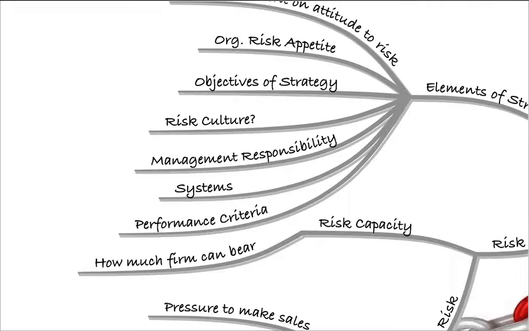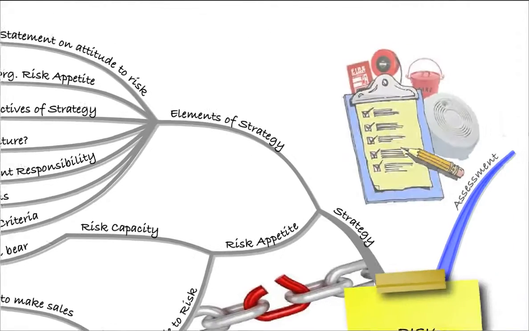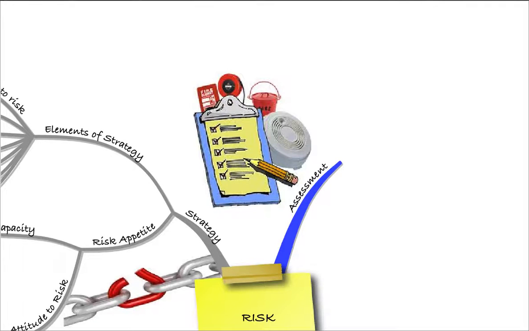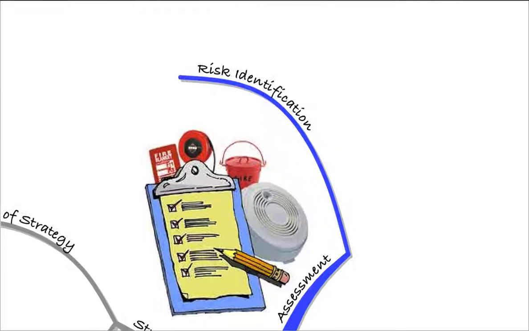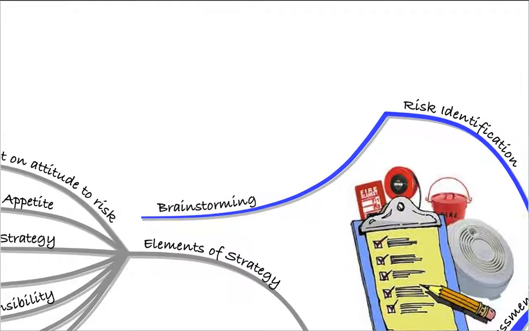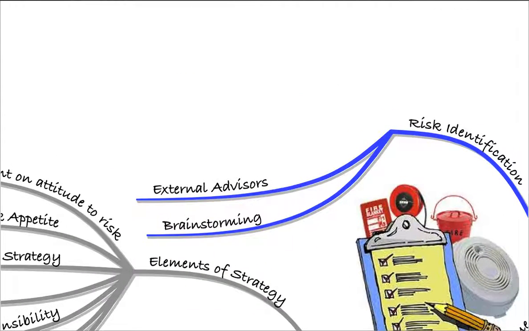So remember, we are looking at our risk management cycle from the previous lecture, and part of that was to undertake our risk assessment. Now that would involve our risk identification. So we might look at the market and look at our own business and say, well, where are the risks? So we might do that through brainstorming or consulting external advisors.